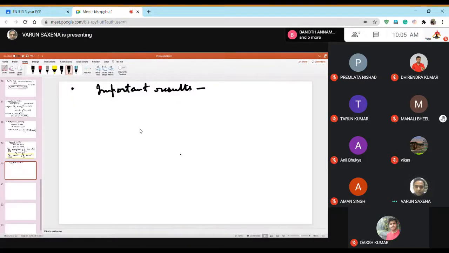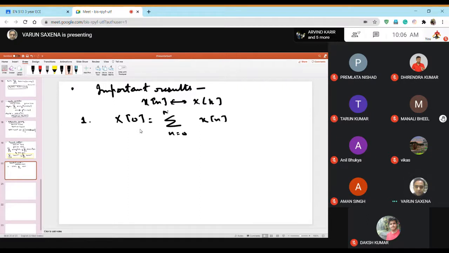Okay, so some important results. Just 5 more minutes and I'll be done. If x[n] is equivalent to capital X[k], then the first result is that X[0] is simply equal to summation of x[n], n from 0 to N minus 1. These are very simple results that you can just evaluate.